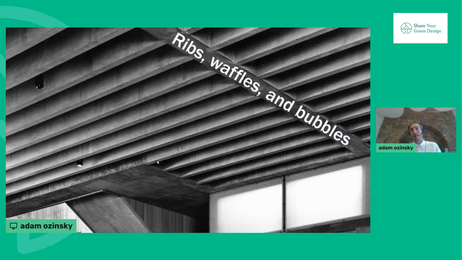And so we're hoping to say farewell, and we're hoping to make all the old stuff new again, which is ribs, waffles, and bubbles. And these are all pretty well established concrete structural systems that have gone out of favor because they're difficult to coordinate, they take long on site, etc., etc. But they're all really efficient from a structural perspective. So we're starting in our practice to see more people interested in ribs, so doing a little bit of design work to take the carbon saving.